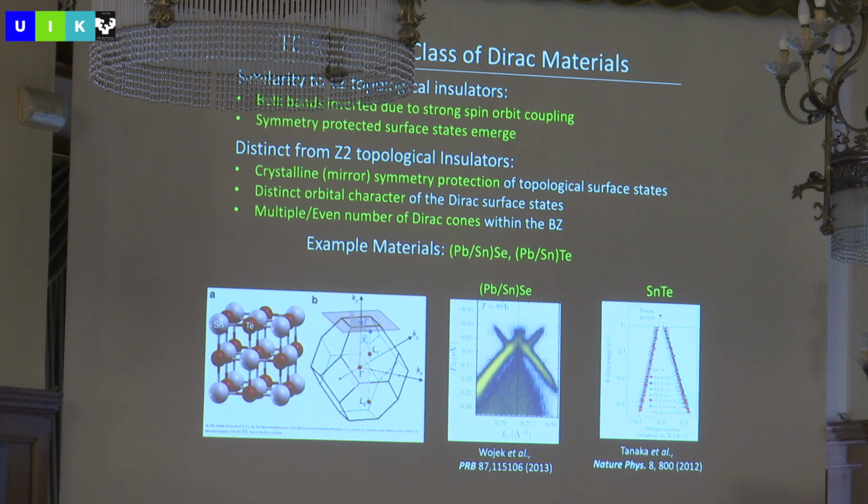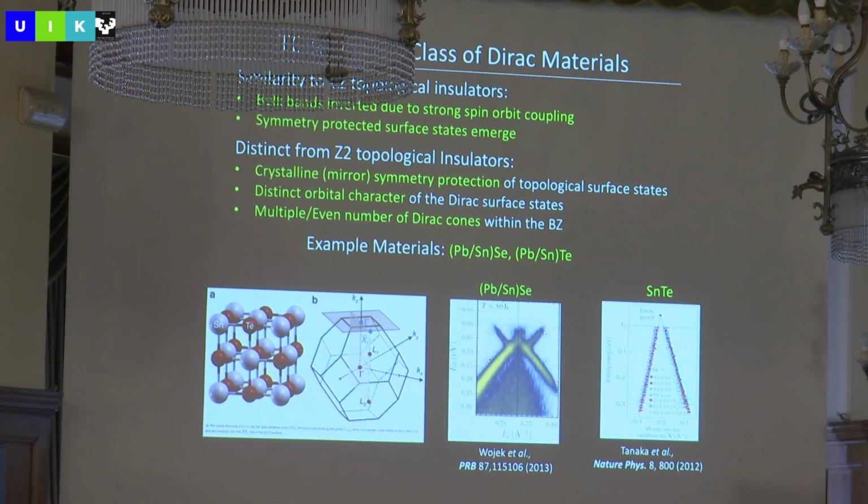So if you broke mirror symmetry in the system, you would gap out the Dirac point. It's very similar to TIs, except that in TIs you want to have an odd number of Dirac cones inside your Brillouin zone. Here you're allowed to have an even number of Dirac cones in your Brillouin zone.